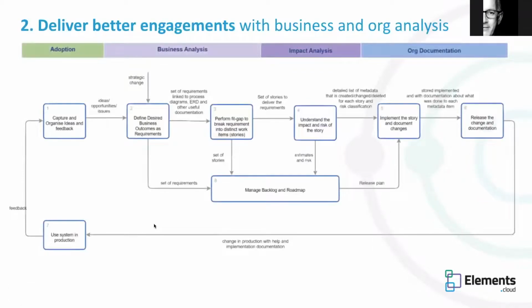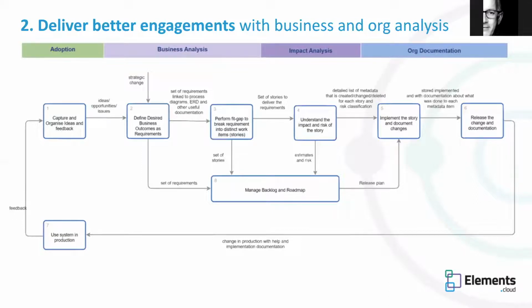So the next area I want to talk about is how you deliver better engagements. Now, this is sort of the delivery cycle, if you will. Step one is about capturing ideas. Step two is taking those ideas and turning them into business outcomes, into requirements. Three is defining the fit gap, so breaking down those requirements into user stories.